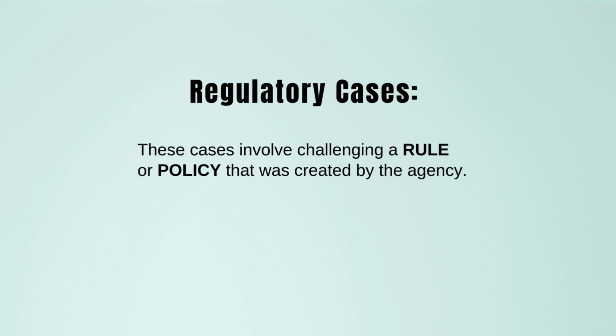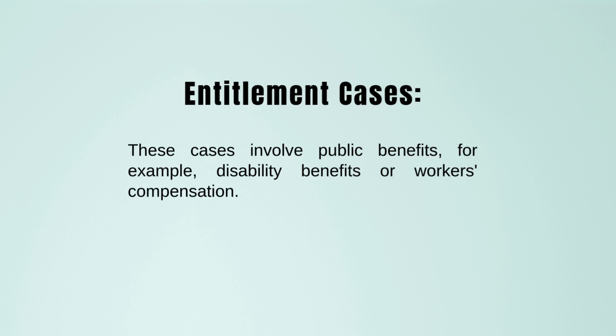These cases involve challenging a rule or policy that was created by the agency. And then there are entitlement cases. These cases involve public benefits, for example, disability benefits and workers' compensation benefits.